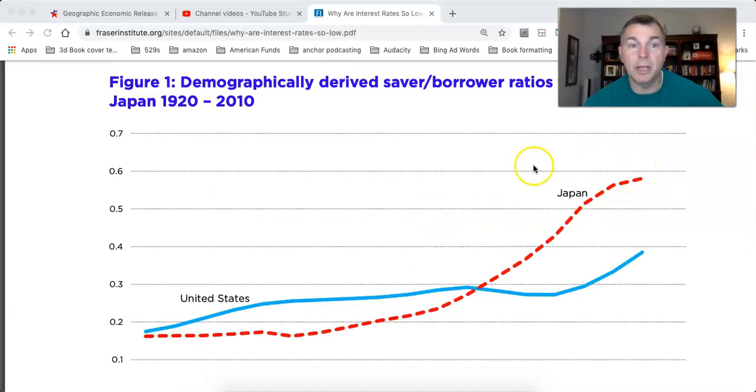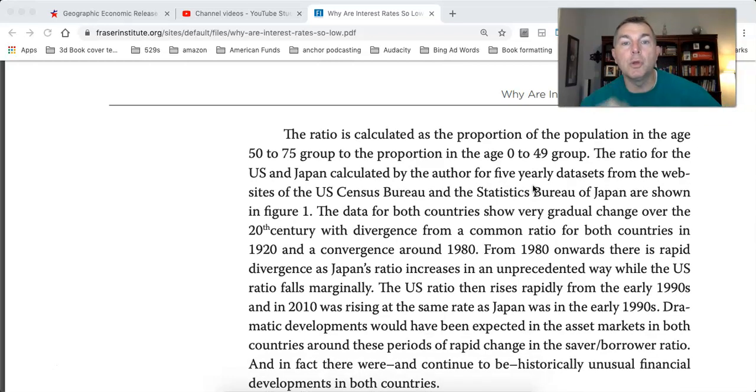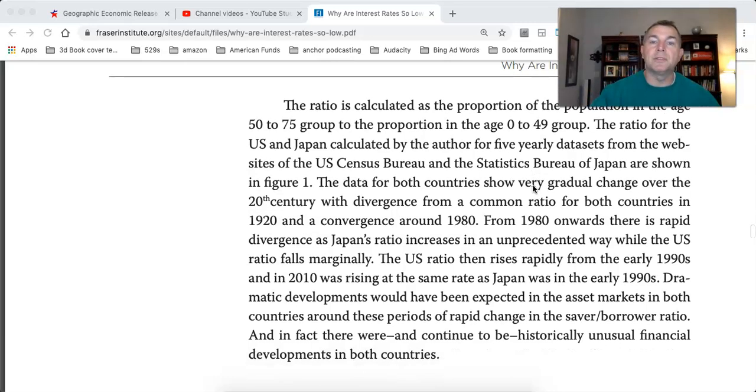So here you've got well more savers than borrowers in Japan. The ratio is calculated as the proportion of the population in the group 50 to 75 to the proportion of the population in the group 0 to 49. The ratio for the U.S. and Japan, calculated by the author for 5 yearly data sets from the websites of the U.S. Census Bureau and the Japanese version of the Census Bureau, is shown in Figure 1.